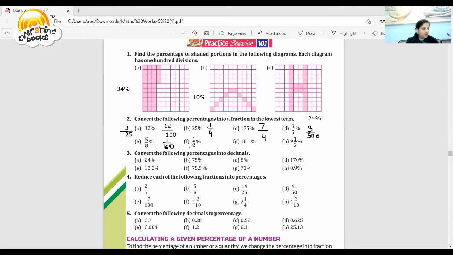Now 1 upon 2 is 1 upon 200 in the lowest term. 18% is 9 upon 50.